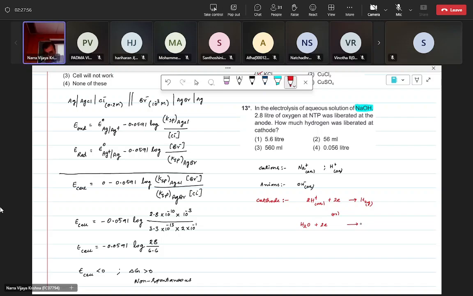Solution is basic now, so OH- I will write that in this way. So I should get 2 OH-. If I want to write 2 OH- here, what I will write? H2O plus half O2, can I write?